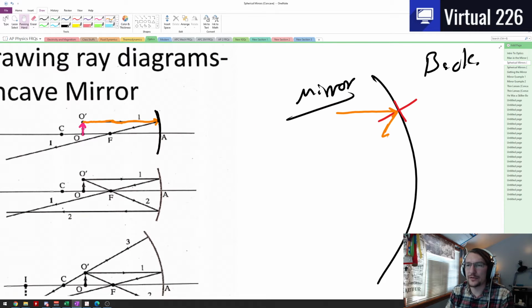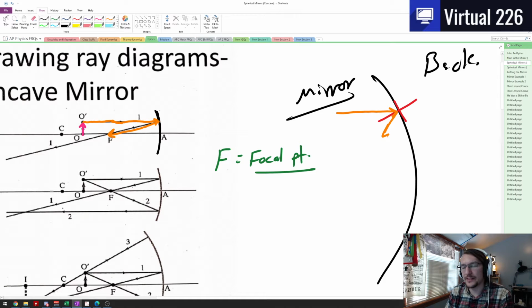And when this ray reflects out just right, it's actually going to bounce out and pass through this point F right here. This point F is what we call the focal point. So our first ray comes out, hits the mirror, bounces, goes through the focal point, and then this light ray just keeps going on forever.